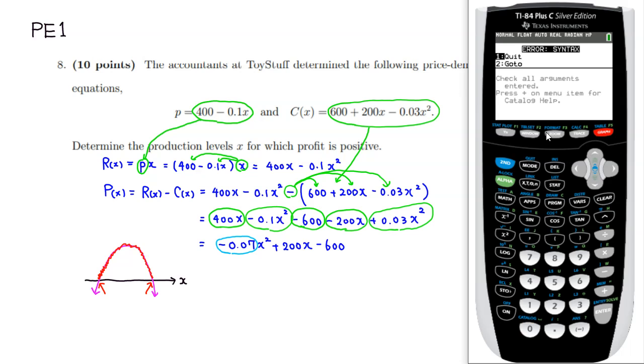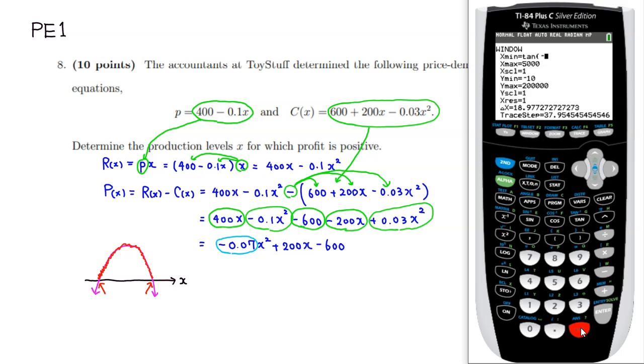Oops, I messed up the window size somewhere. Let me quit and go to the window again: negative 10, 5,000, negative 10. I don't know what's going on.